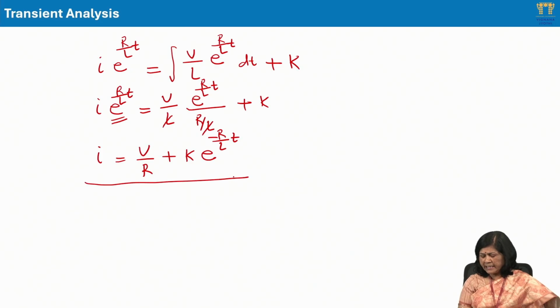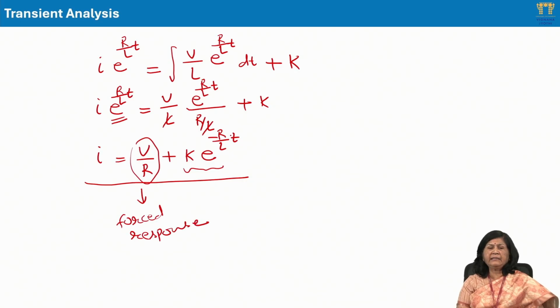We see in this complete expression one constant term, V by R, and another term which is the exponential decay with respect to time. The constant part gives us the forced response for current, and the term with the exponential decay gives us the transient response.